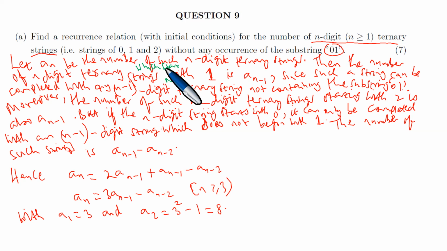What about a_2? The number of such two-digit ternary strings. The two-digit ternary strings, you can count those. So you pair this up, but now you must just subtract the 0, 1. If you pair this up, there are 1, 2, 3.